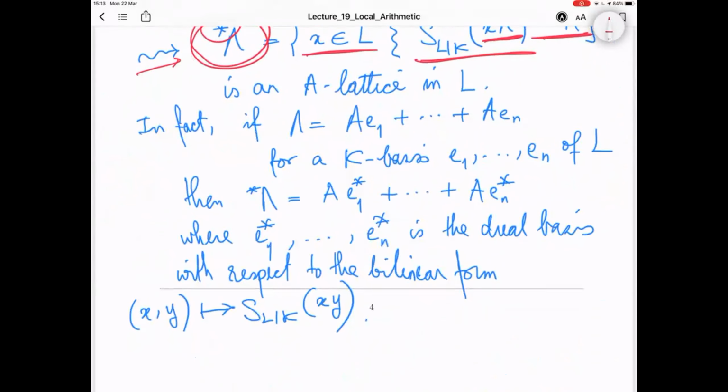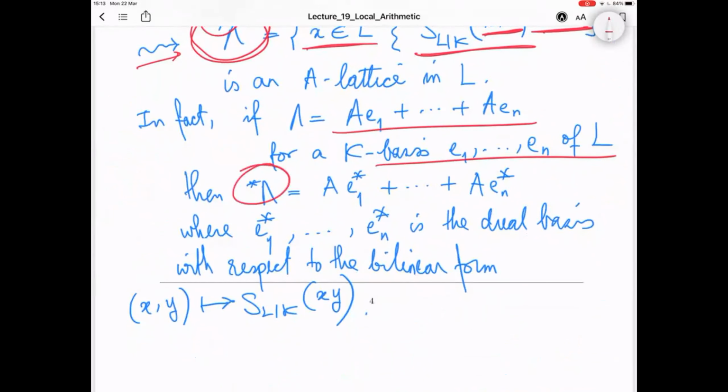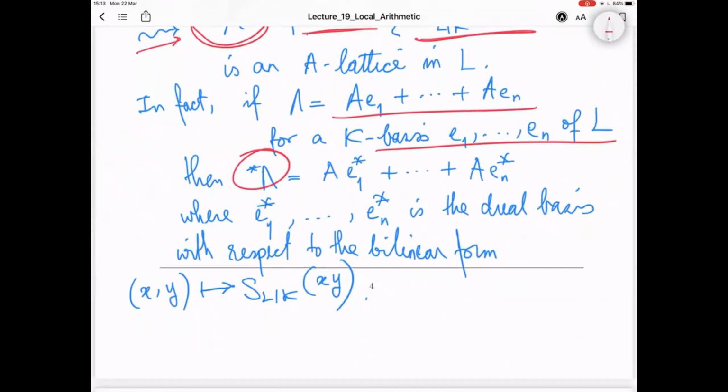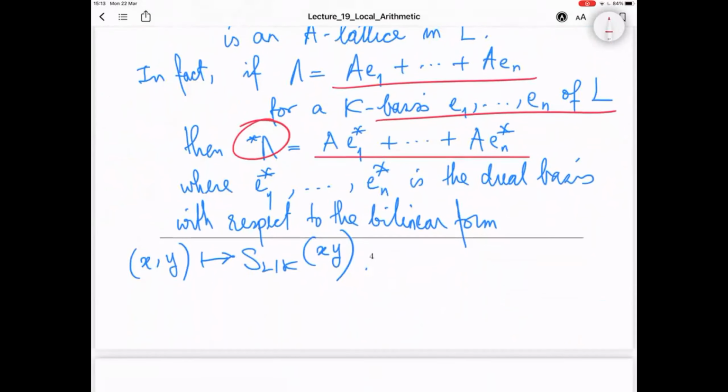And what one can check is that if the lattice lambda is given like this, where E1 to En is a K basis of L, then this complementary lattice is the sum of the dual basis.